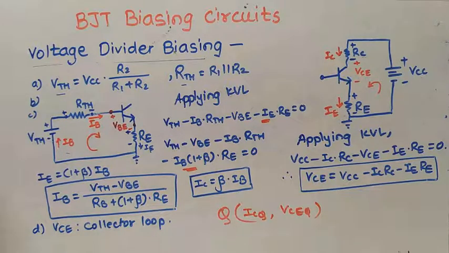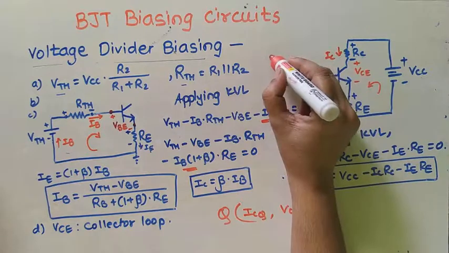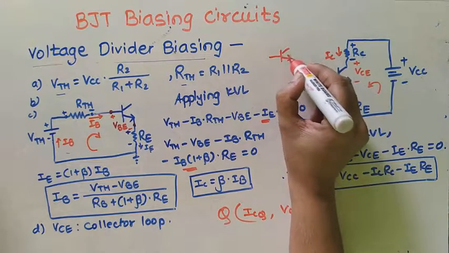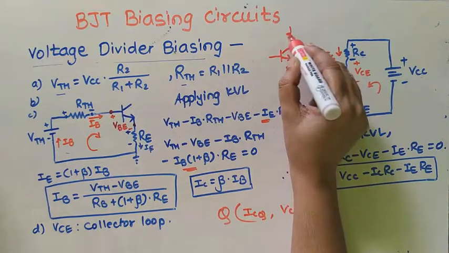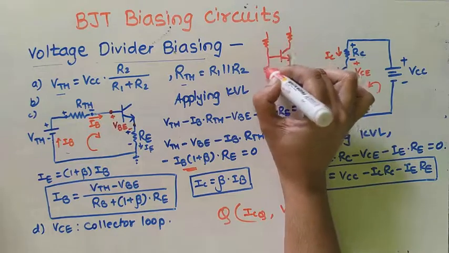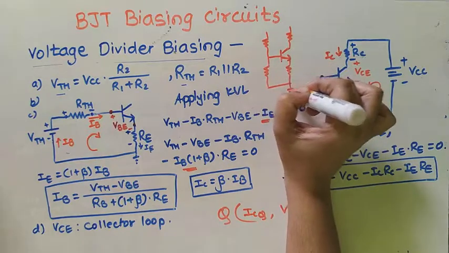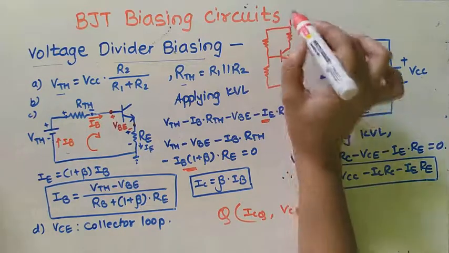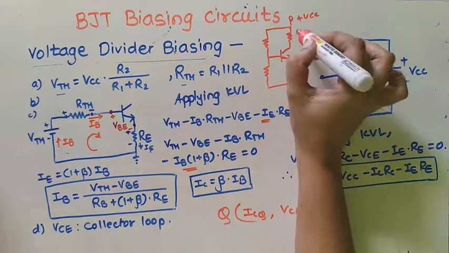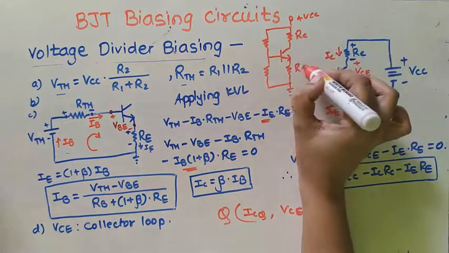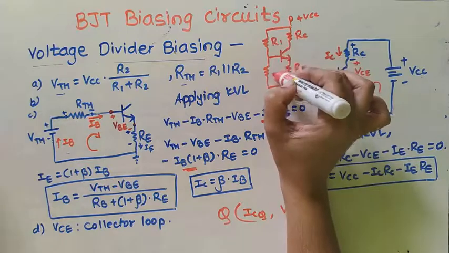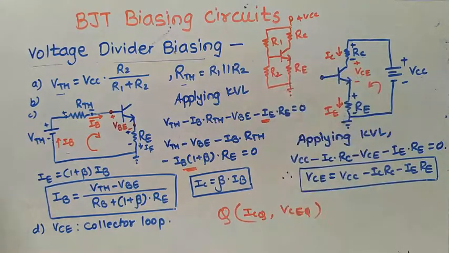Now if we have to design this voltage divider biasing network, I will draw that network here. This is RC, RE, R1, R2. So this is our voltage divider bias network.